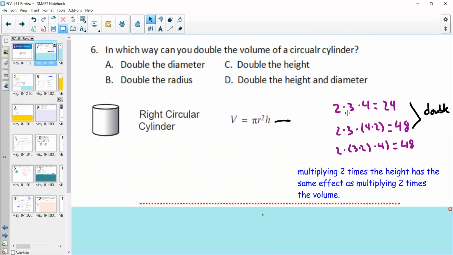Notice if I double one of the factors of the product, these are 3 factors that make a product, I'm doubling the actual product. Even if I double the 3, I'm still doubling it. So by doubling the height, I'm multiplying the entire volume by 2.